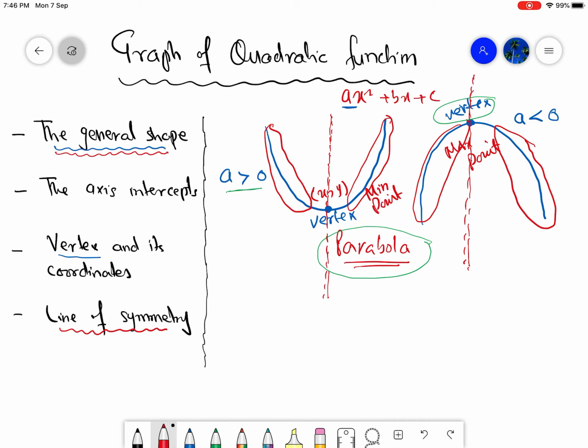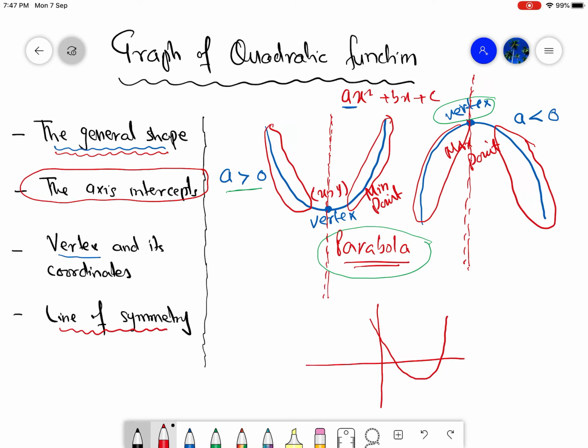Okay, then there is another concept here, the axis intercepts. If I sketch this parabola on a set of axes, we can have a curve like that, and clearly you can see that this curve intersects the y-axis and the x-axis.